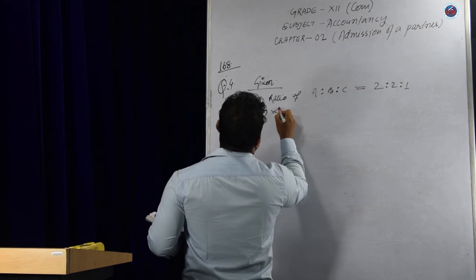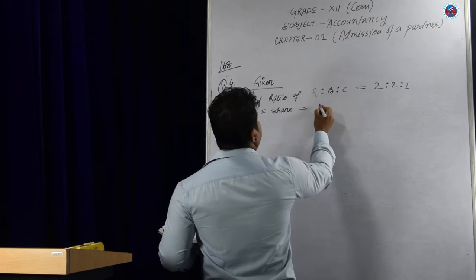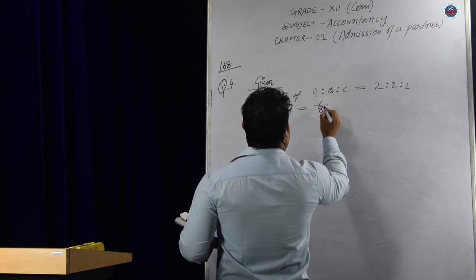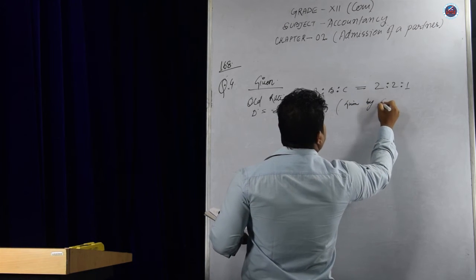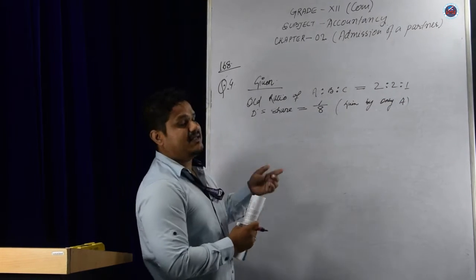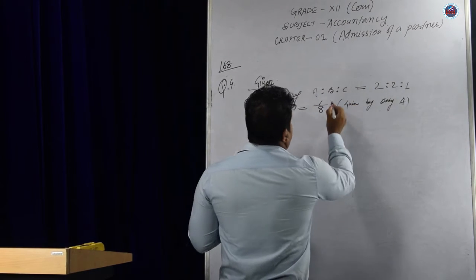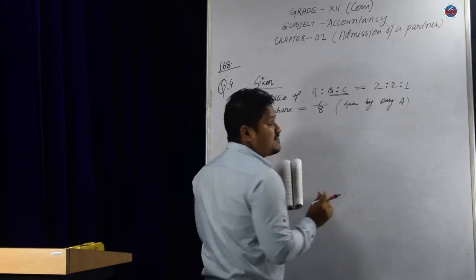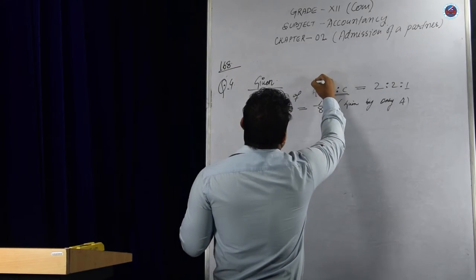D's share is 1 by 8, and this share will be given by A only. The remaining two partners, B and C, will not give, so their shares remain the same. The changes will come only for A.